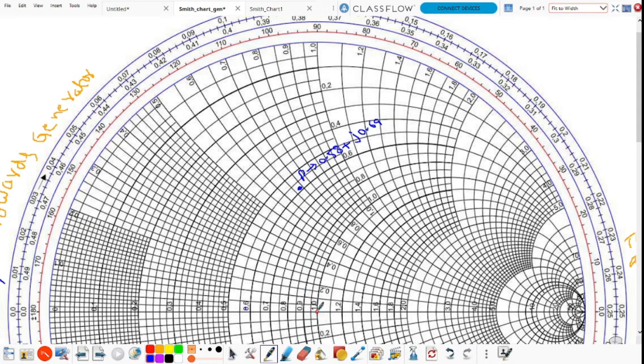And this is the center point, 1 plus j0, the origin, and this red mark is the center point origin.